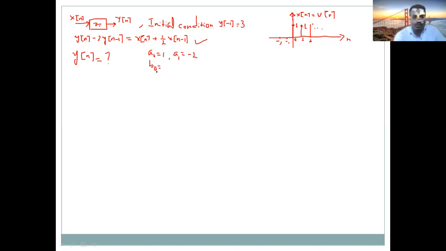The coefficient of x of n, b0, is 1. The next one is b1, which is half. As you can see here, all the coefficients are constant. So we can conclude our system is an LTI system, a linear time invariant system.